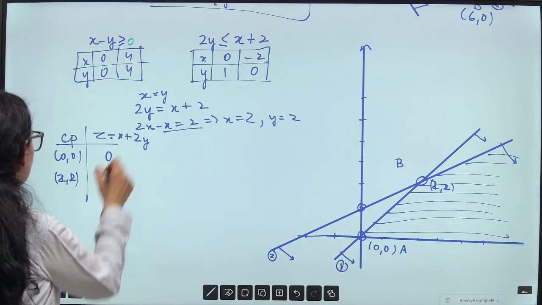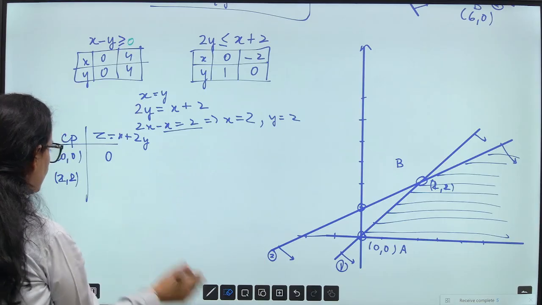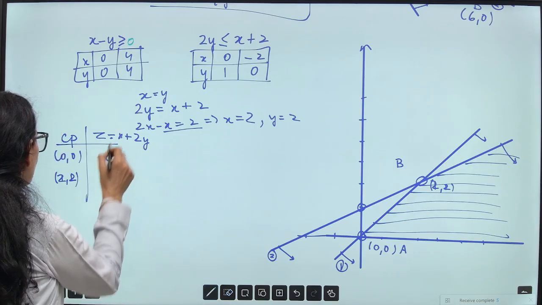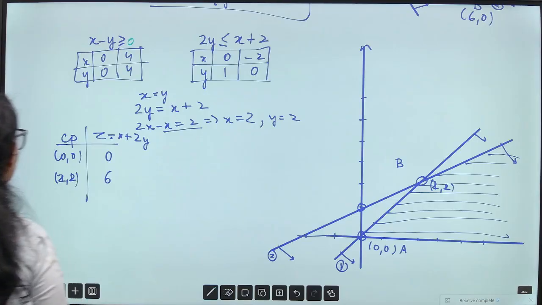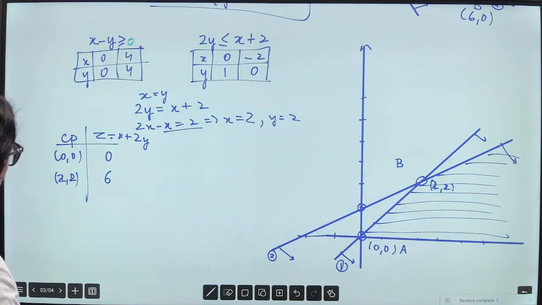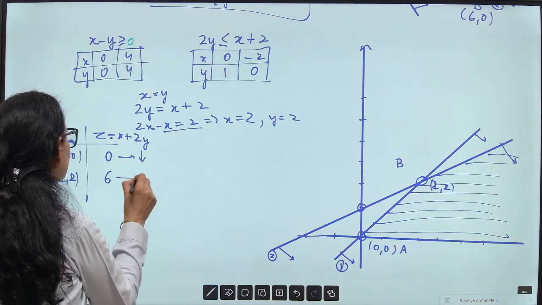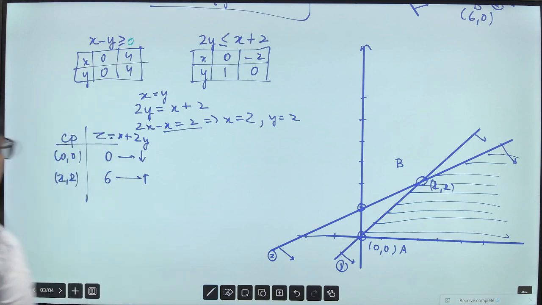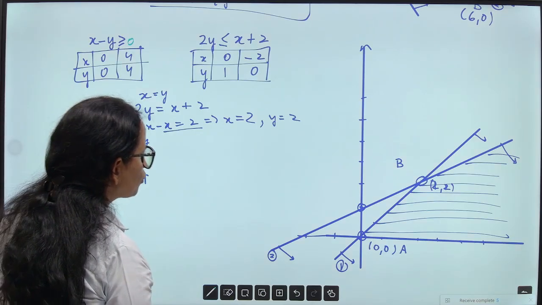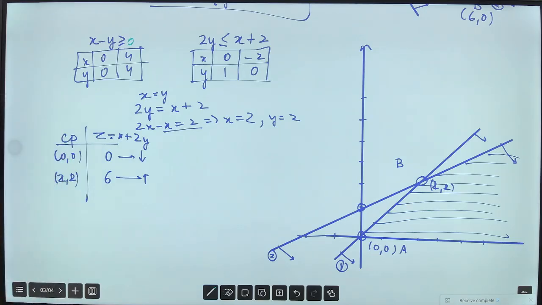So the value of the objective function here is 6. 2 2s are 4, 4 plus 2 is 6. So the value of the objective function at 2, 2 is 6 and at 0, 0 it is 0. So this is the minimum value, this is the maximum value, what we see from the corner points and the objective function. But again, how do we know whether there is one solution, no solution, or infinite solutions?